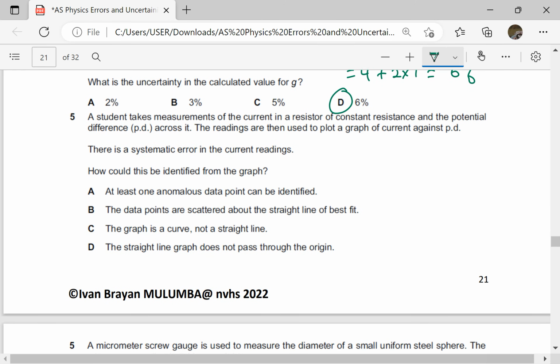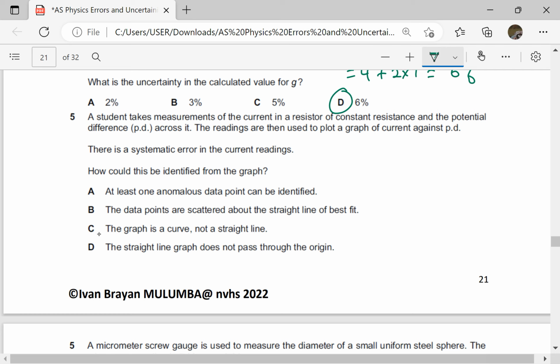A student takes measurements of the current in a resistor of constant resistance and the PD across it.